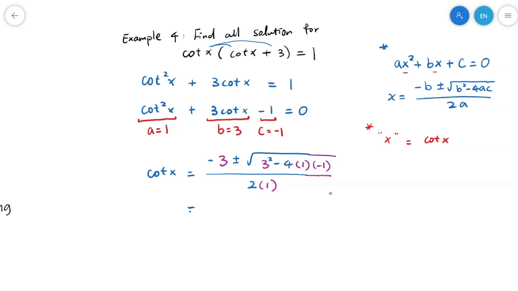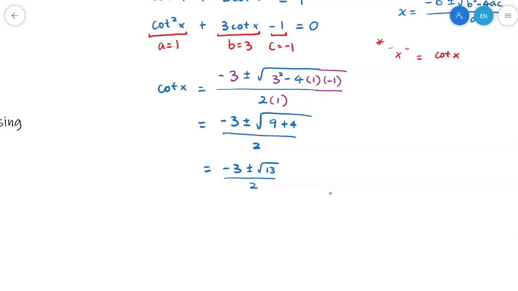Simplifying, I got negative 3 plus or minus the square root of 9 plus 4, over 2, which is equal to negative 3 plus or minus the square root of 13 over 2, which is not really close to anywhere. So I got two solutions for cotangent of x. One is negative 3 plus the square root of 13 over 2. Another one is cotangent of x equal to negative 3 minus the square root of 13 over 2.